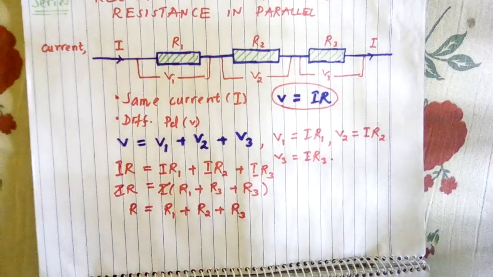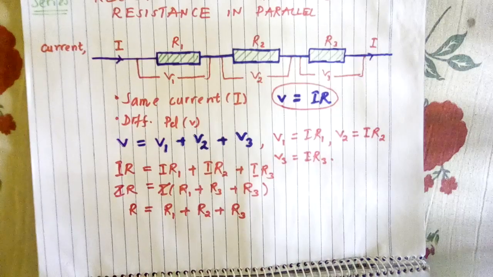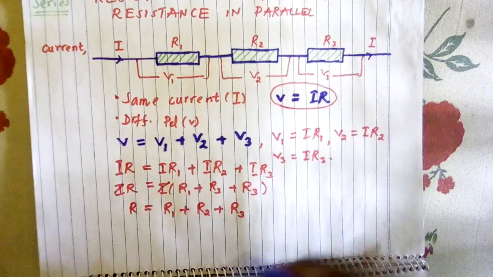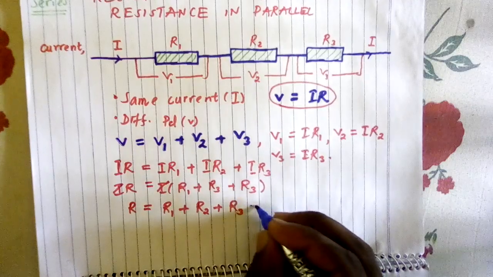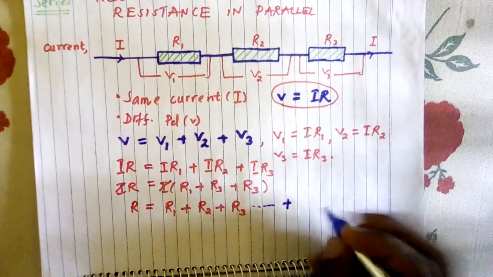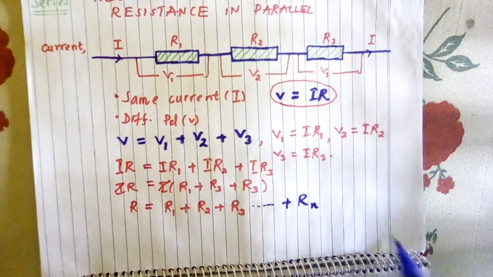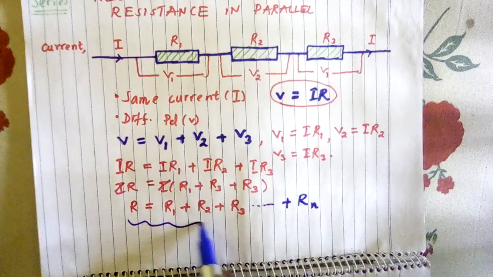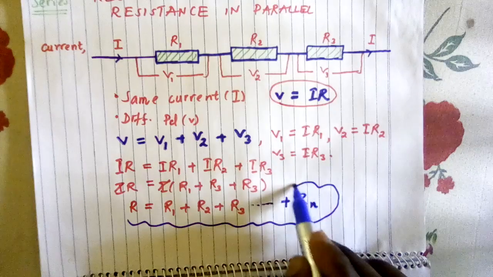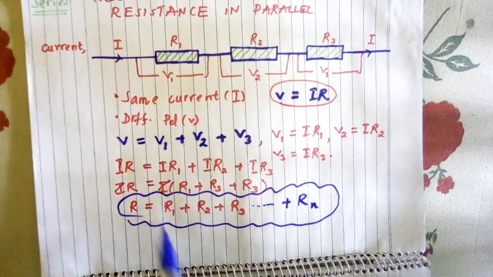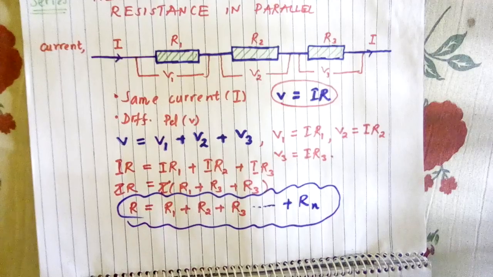And then you can just go ahead and put any number of resistors that you want, because this formula holds true for any number of resistors that you put in. I'm going to represent it as Rn, where n represents any number of resistors. Right, so this is the formula now.